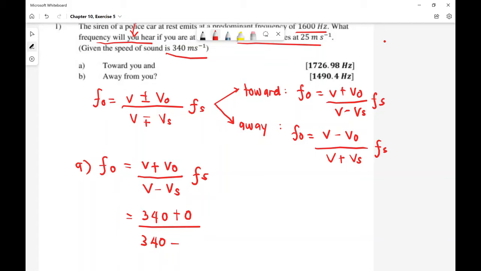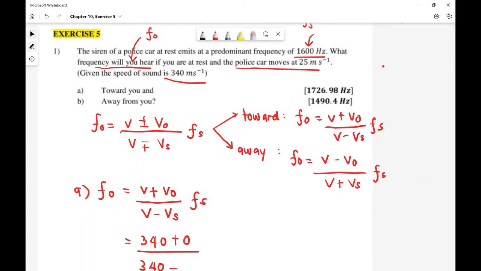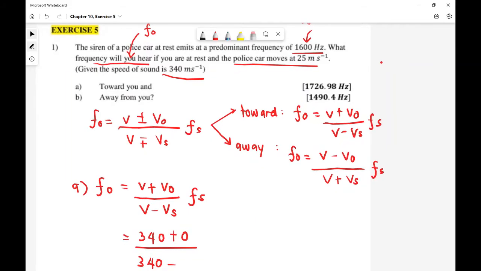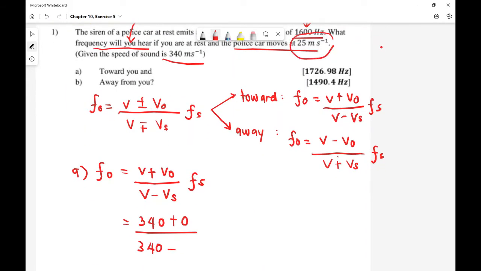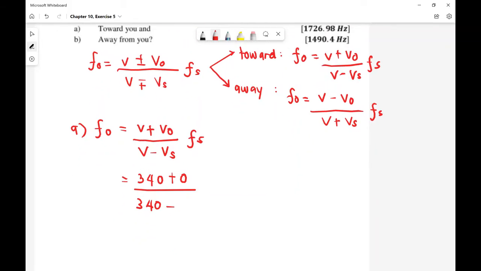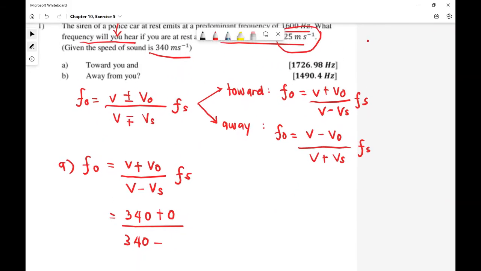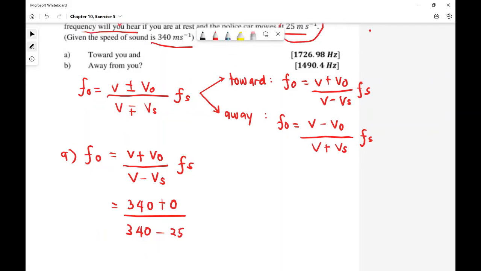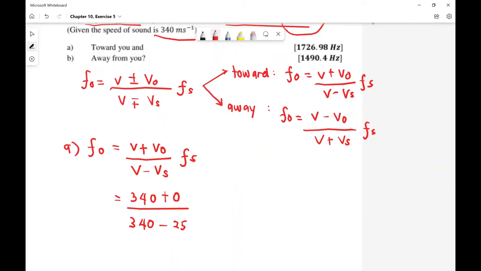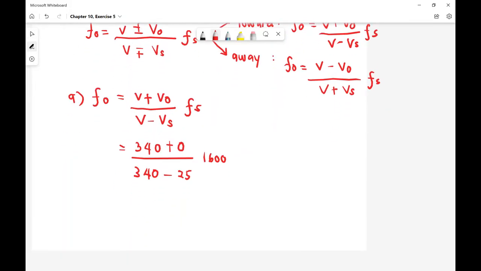Source dalam ni adalah siren of the police car. Police car moves at 25 meter per second, so VS adalah 25, times the real frequency, 1600 Hz.